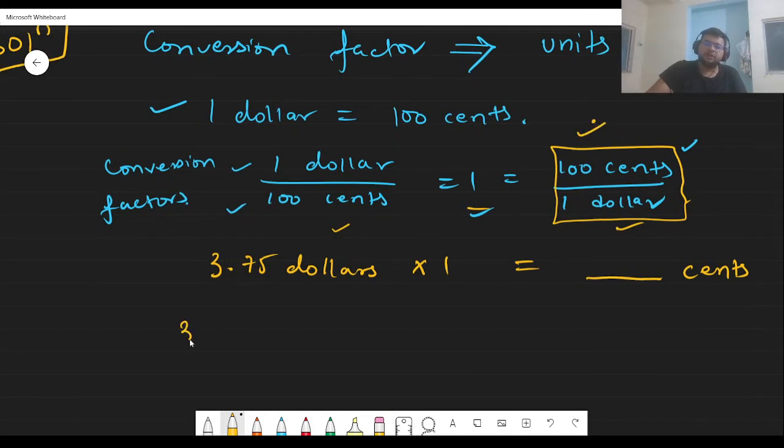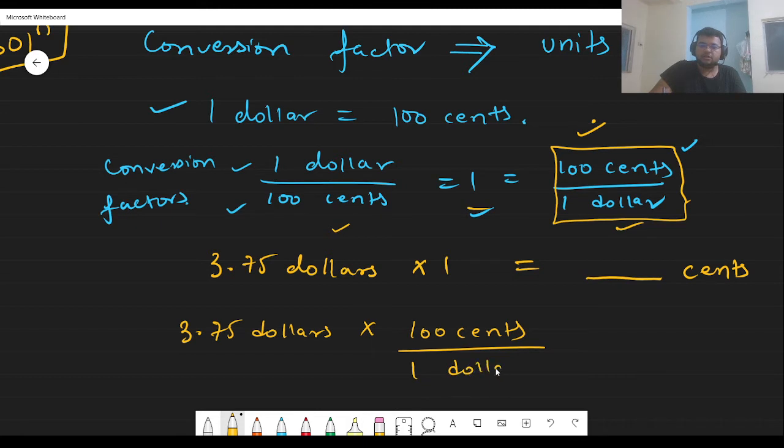So I will write $3.75 times 100 cents divided by $1. Now see, the units also get cancelled. I'm cutting the whole dollar: this dollar and this dollar get cancelled out.